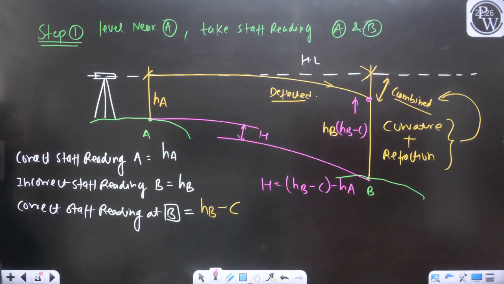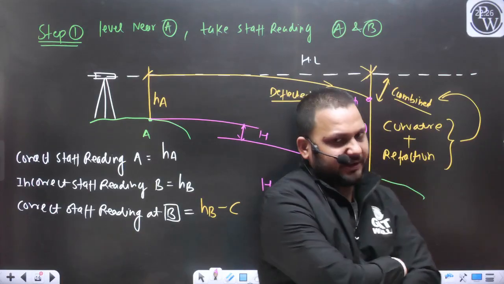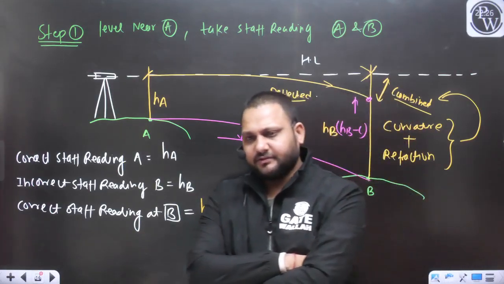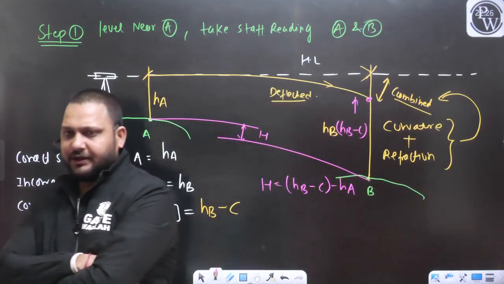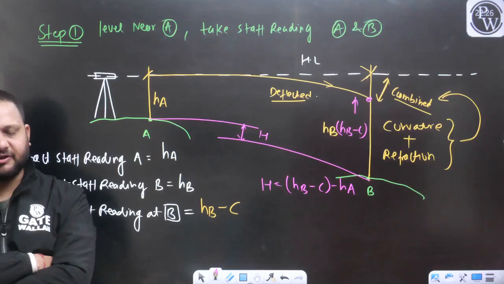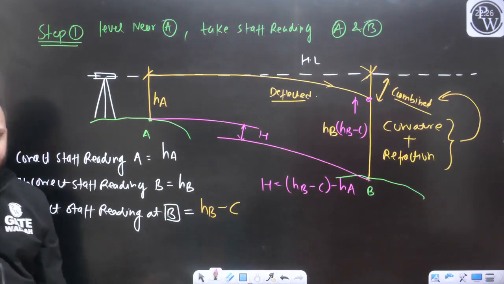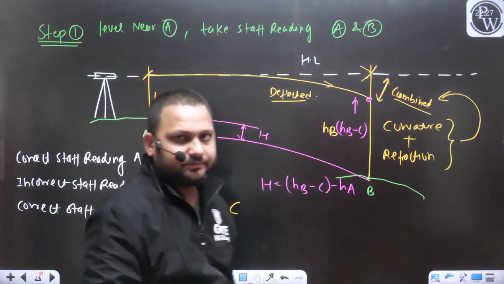Just observe the diagram carefully and then confirm in the chat box if the discussion is clear to everyone, and how we can find out the elevation difference between these 2 points A and B with the help of the staff readings.